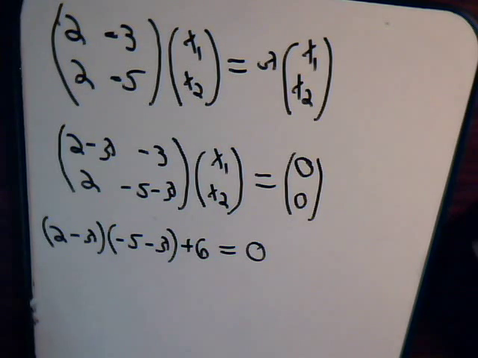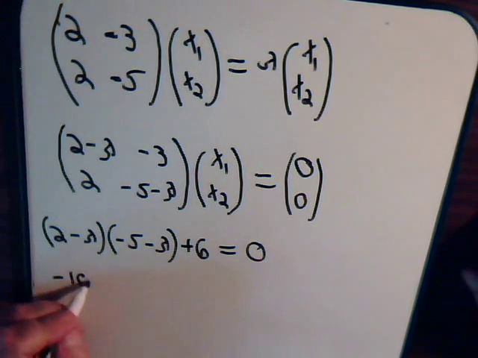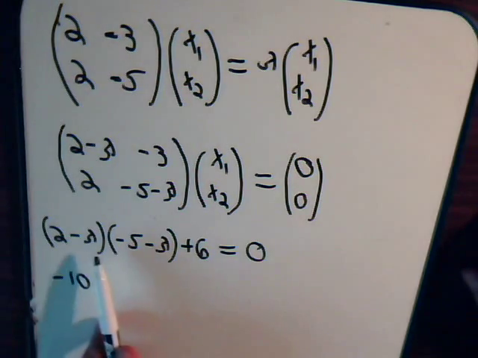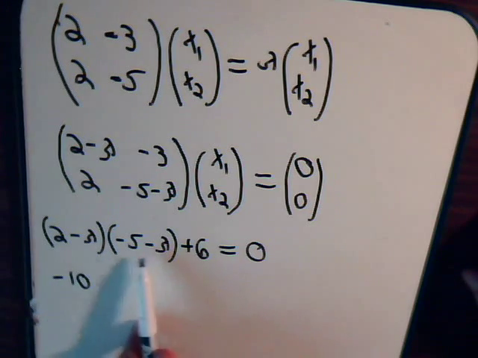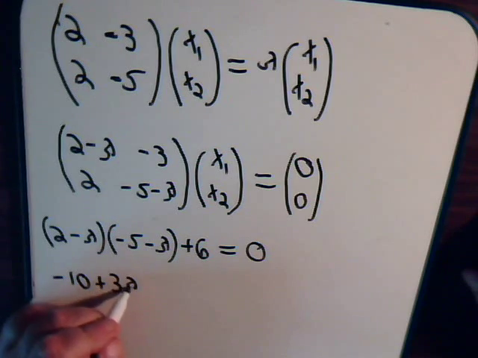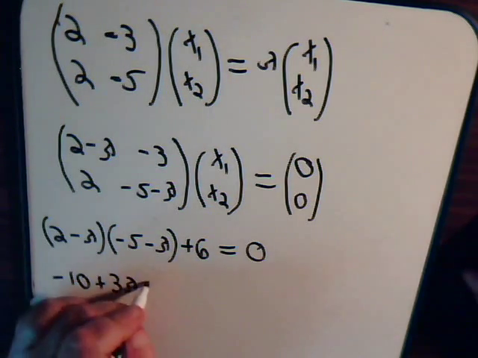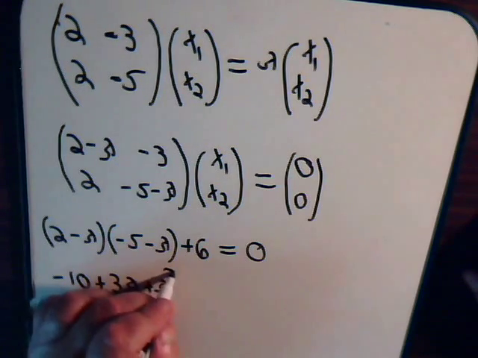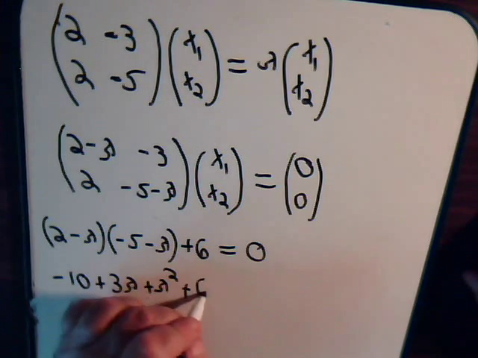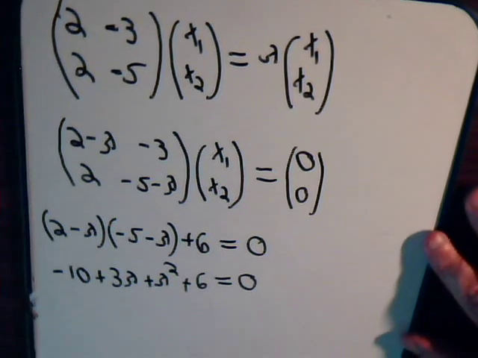Okay, and let's see what this gives us. Here we will have minus 10, and this will give us plus 5 lambda minus 2 lambda. That's plus 3 times lambda. Then from here we'll have plus lambda squared plus 6 equals 0.